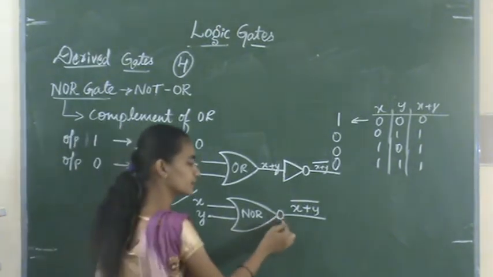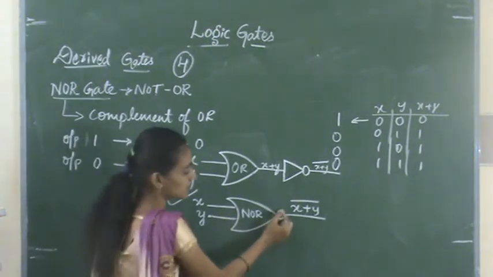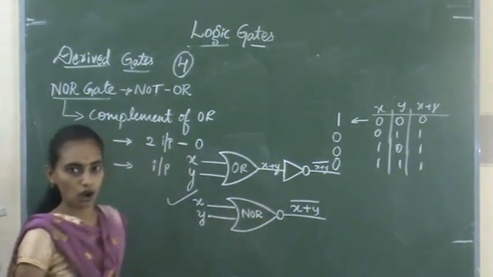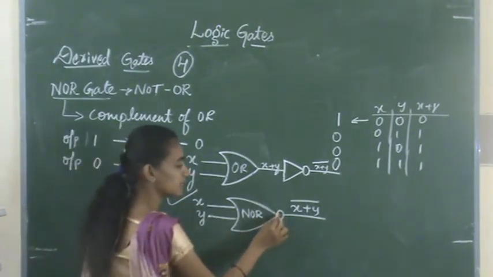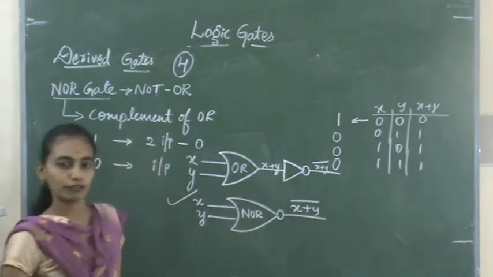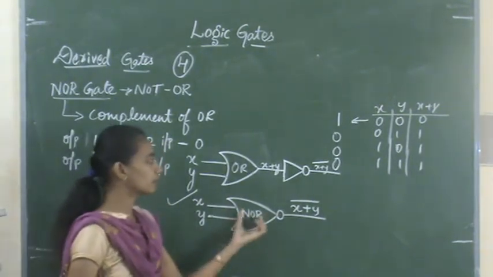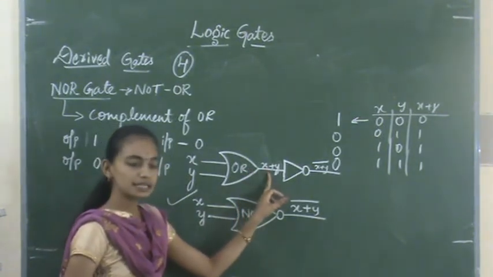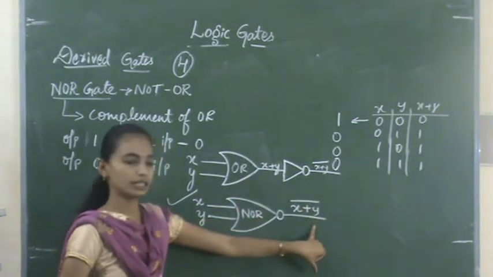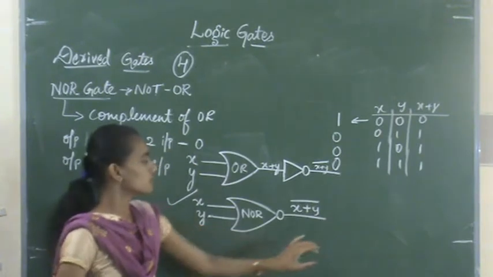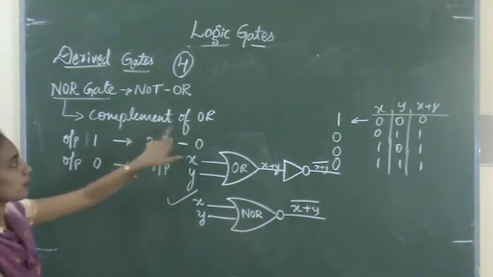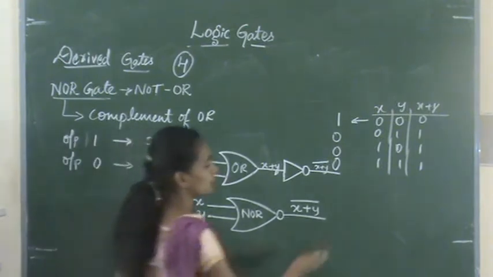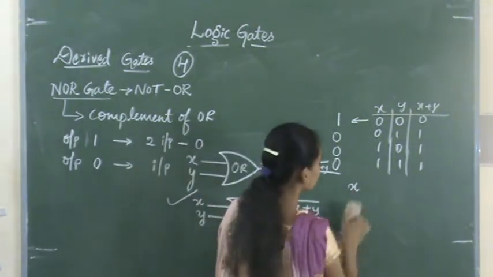If I write a circle at the front of that OR gate, that represents a complement of the result. If I am performing the OR operation, the result will be complemented and then given as the output. So we know that it is a complement of OR.